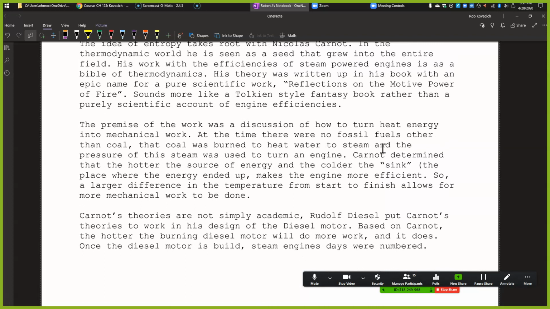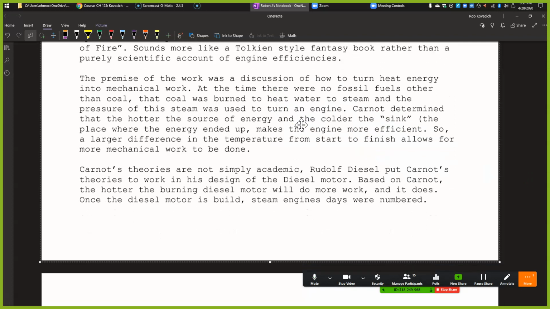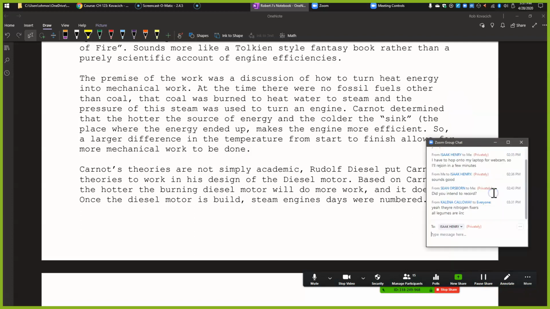Does anyone know if peanuts are a nitrogen fixer? I'm trying to tab out so I can look it up. Lena says yes. Yeah, they have some bacteria. Neat. Rhizobium.